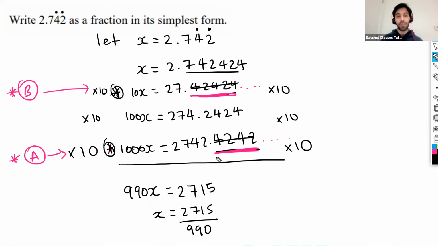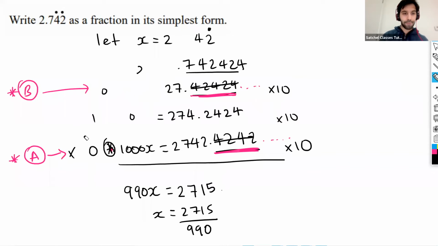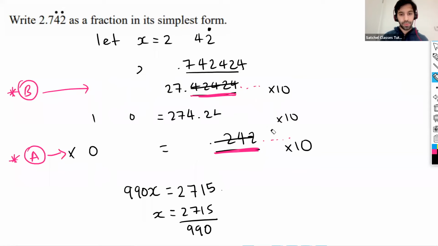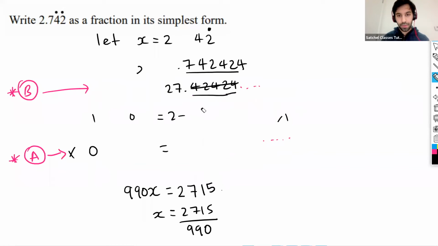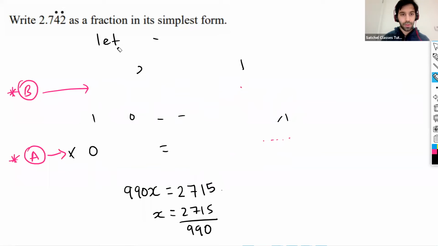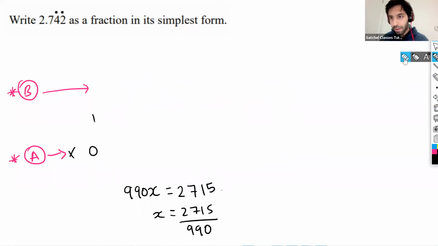So I'm just going to rub out what I've done so far, just so I can simplify this. And then what we'll get is we can divide both by 5.